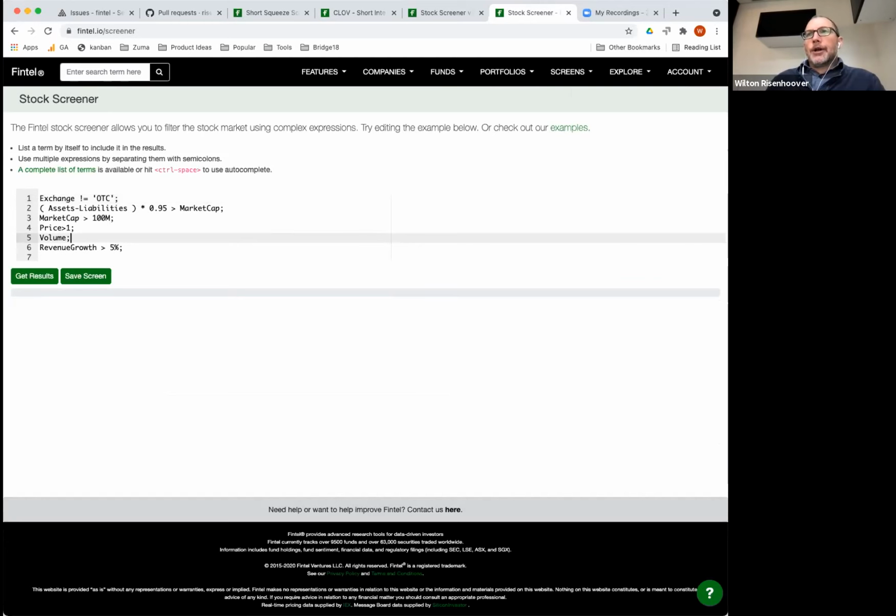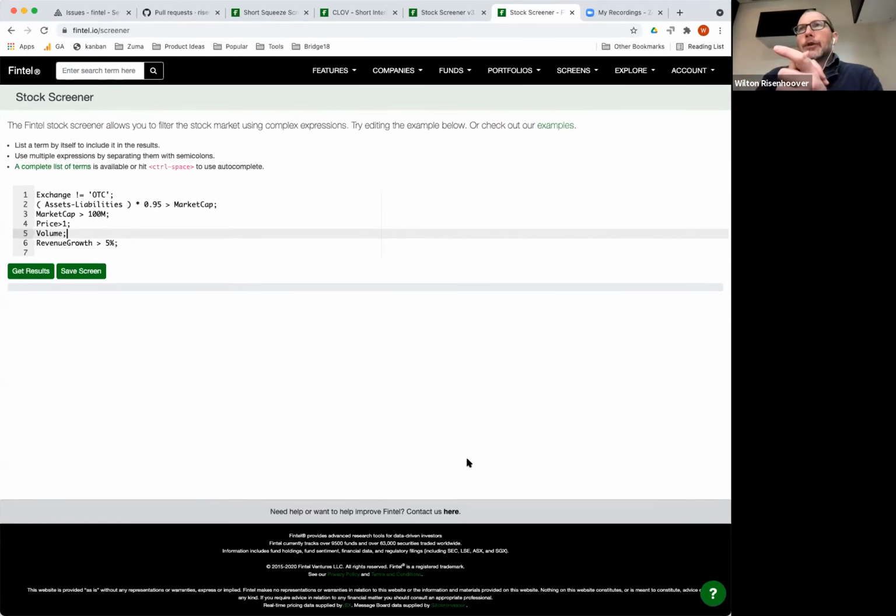Now, let's talk about stock screeners. If you're new to stock screening, basically a stock screener is a filter. It's the ability to create a query or a filter and then apply that filter to every company in the market, and then exclude companies that don't match your criteria.